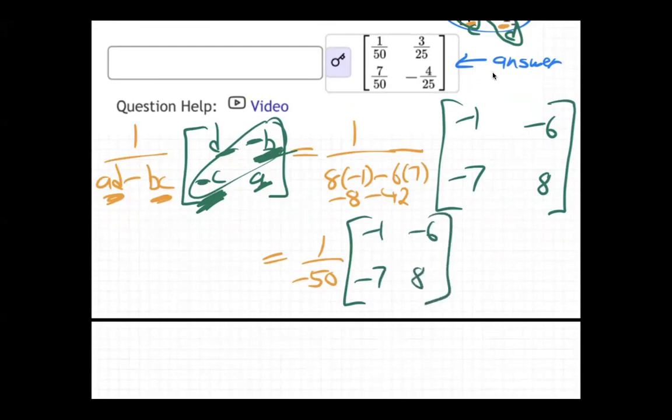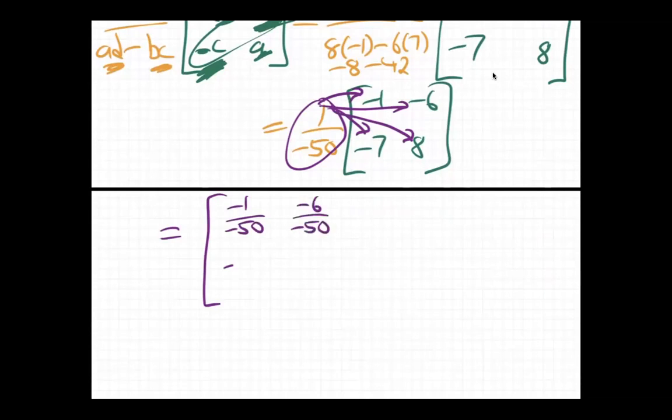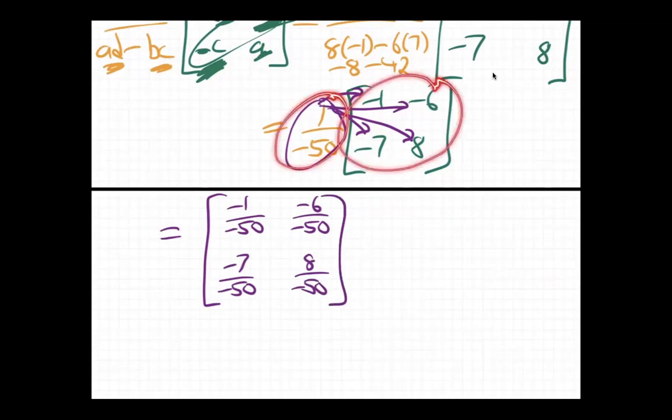And so this fraction is going to distribute to all 4 of those. What are we going to get? We're going to get minus 1 over minus 50, minus 6 over minus 50, minus 7 over minus 50, and 8 over minus 50. I multiplied all 4 of those by the fraction 1 over negative 50, which essentially divided them all by negative 50.